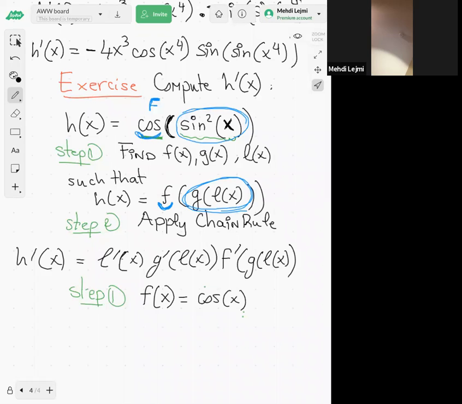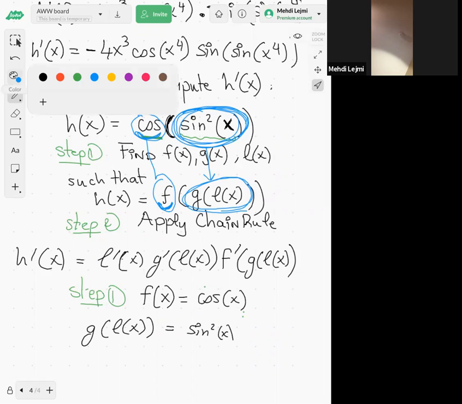And then we said the g of l of x is the sine square of x, right? So this cosine here is my f, and what's in between the parentheses is my g of l of x, right?